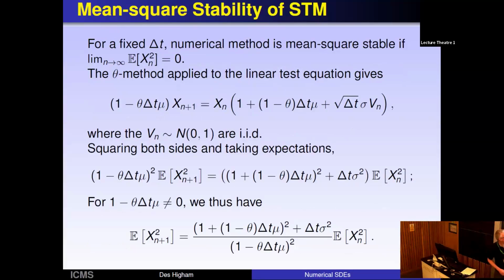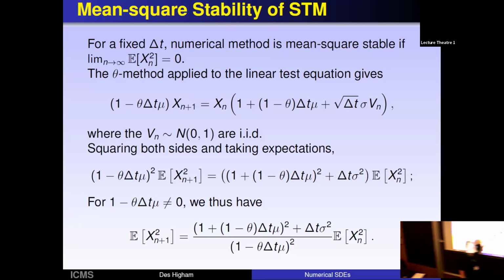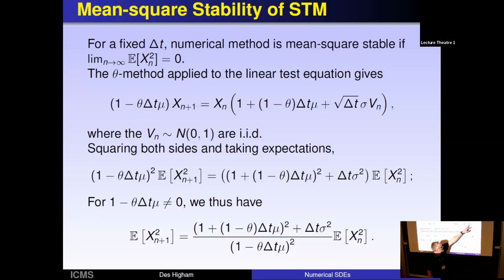That's the iteration satisfied by the stochastic theta method on the linear equation. I've written the increments, the delta W's, as root delta t times the standard Gaussians. That's going to be a bit more convenient. I've got the parameters mu and sigma from the drift and the diffusion. So this is actually straightforward to analyze. It's just a simple linear recurrence.